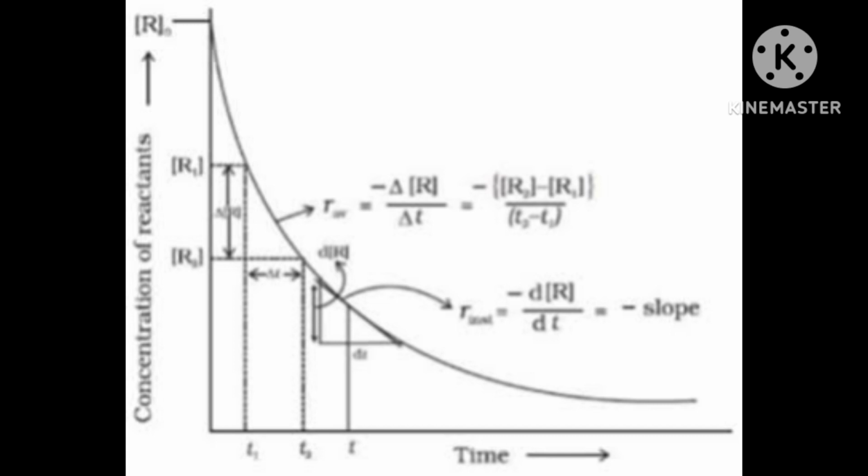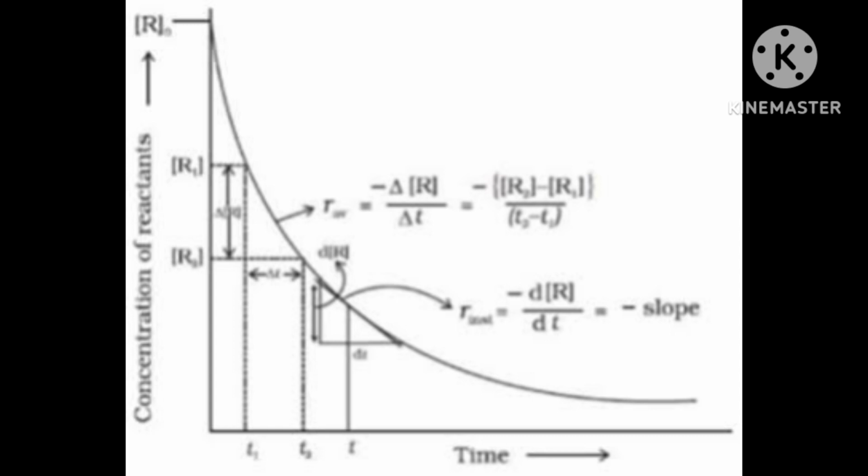At T1 and at T2, T2 minus T1 is what you are knowing, and that is the base. Then with the perpendicular P and the base B known, you get the value of tan theta, which is known as the slope. This is called the average rate.